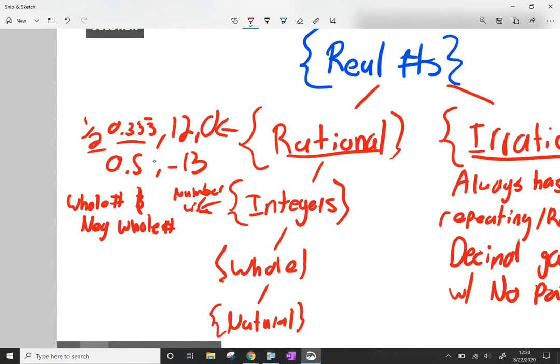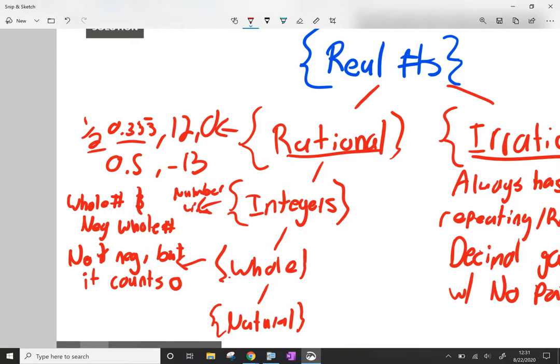Now, whole numbers are going to be not negative. You know that it's 1, 2, 3, 4, 5, right? Those are whole numbers. So basically, no negative numbers, but keep in mind it does count 0. So whole numbers would be 0, 1, 2, 3, 4, 5.